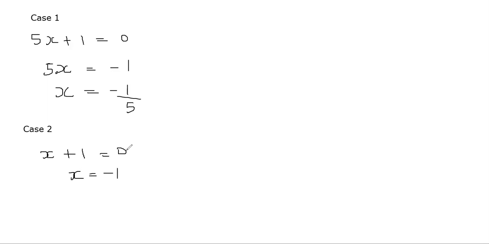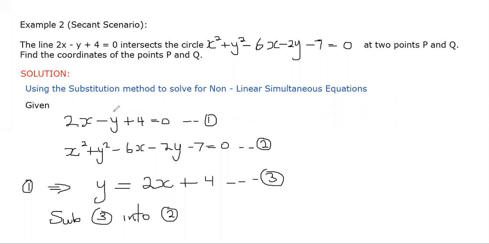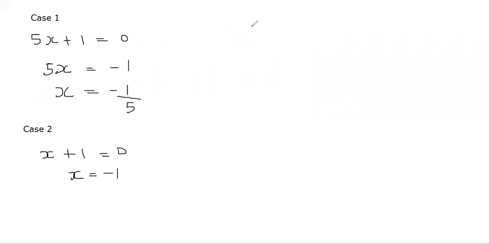Now remember, the question asked us to find two different points, P and Q. So there are two different points we have to find, so two different x values and two different y values. So let's look at the first case, for the respective y value.